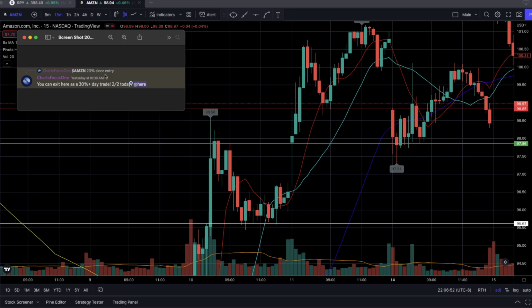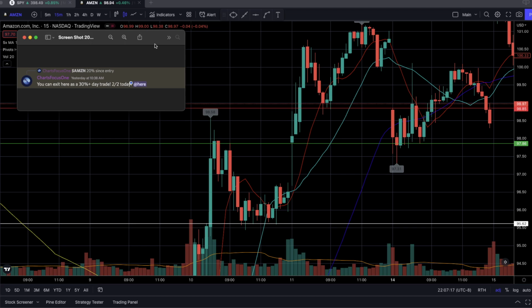But with this trade, I told the day traders in my CFO Discord to exit if they wanted to, because if they felt comfortable with this gain of 30% plus, which is amazing, they could get out. And at 10:38, where was the candlestick?